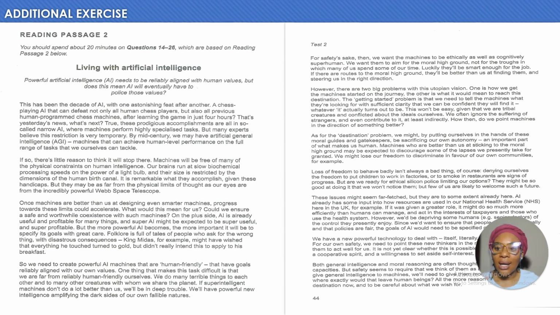Now, the subheading: powerful AI needs to be reliably aligned with human values. But does this mean AI will eventually have to police those values? So, heading and subheading, and then you don't start reading your passage first. Please, reading the passage is step 4, you remember.